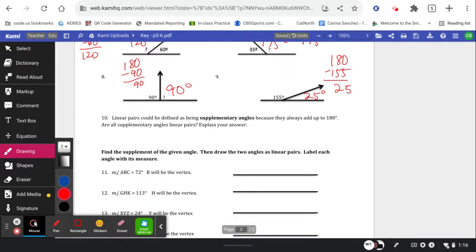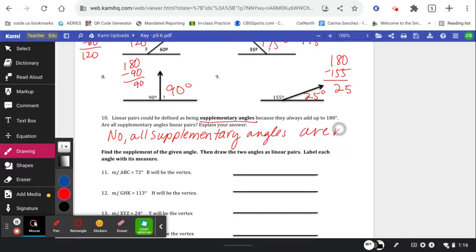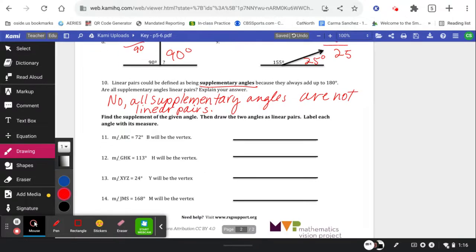Linear pairs can be defined as supplementary angles because they always add up to 180. Are all supplementary angles linear pairs? Explain your answer. So for me to support my answer of no, I just have to give some counter examples.